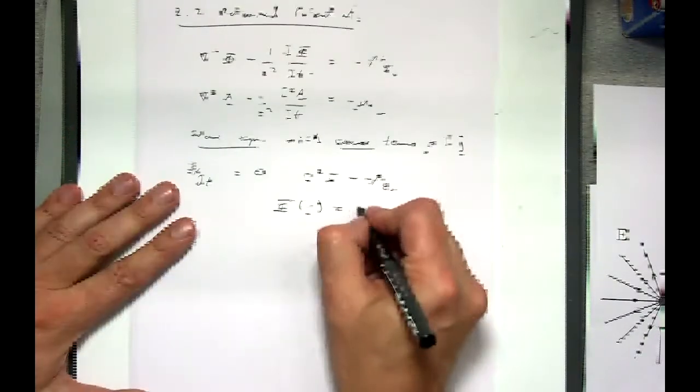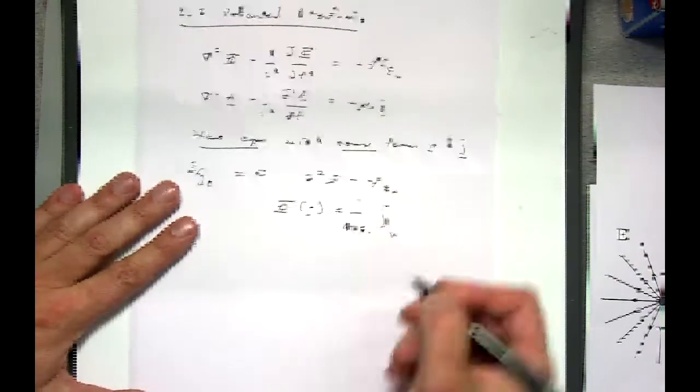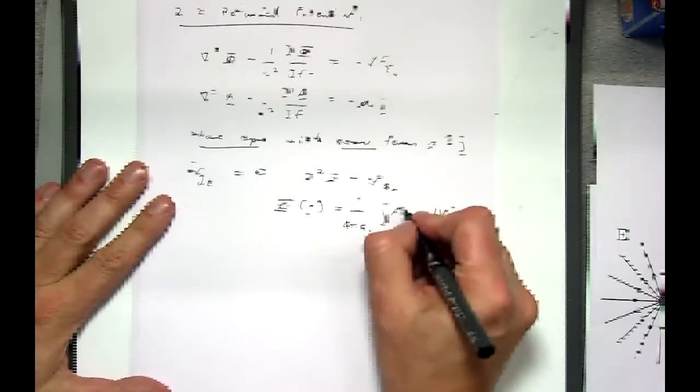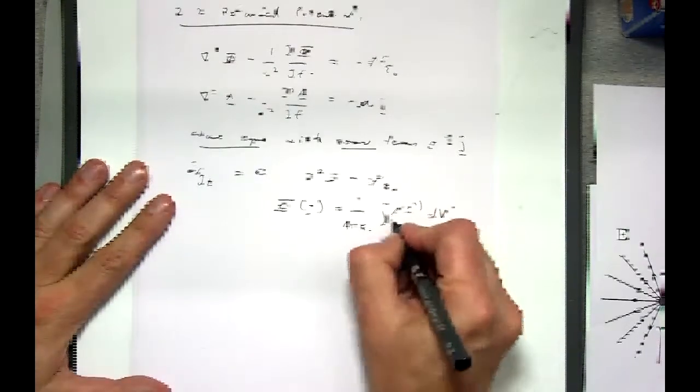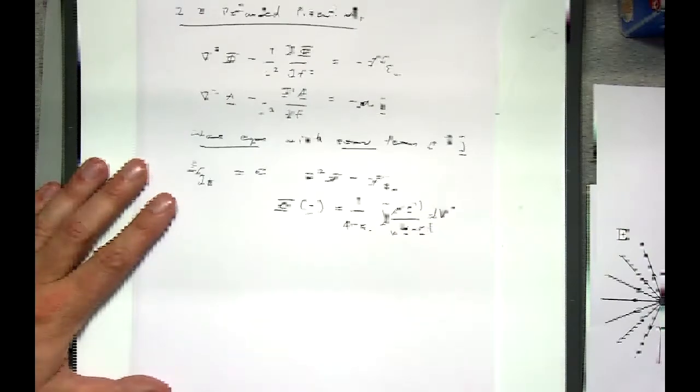This is a reminder, because we did this before: 1 over 4 pi epsilon naught, and I look at integrating my charge distribution over some volume, and I count up all my little charges over that volume, and I look at how far away they are from where I am looking, which is vector r.